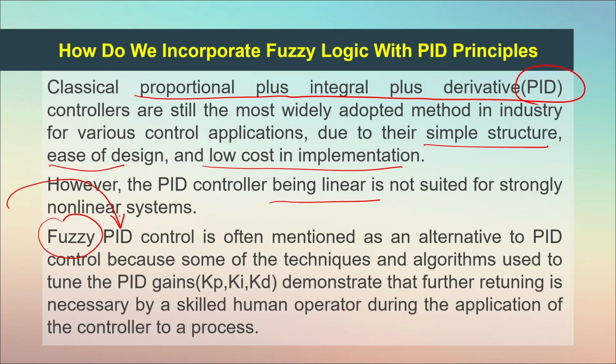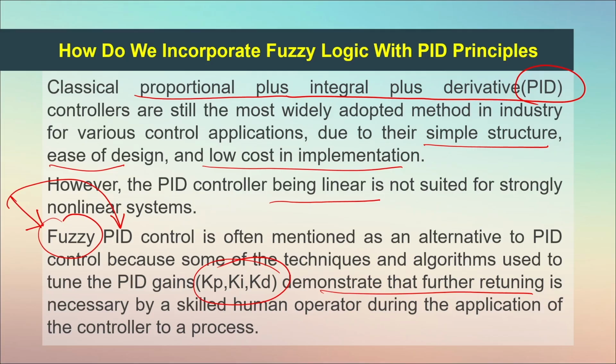The fuzzy PID control is treated as an alternative way to PID control, because in general it tries to find suitable values for Kp, Ki and Kd, because there are some techniques and algorithms that can be used to tune this PID in association with fuzzy, and it can be demonstrated further that the tuning can be done.